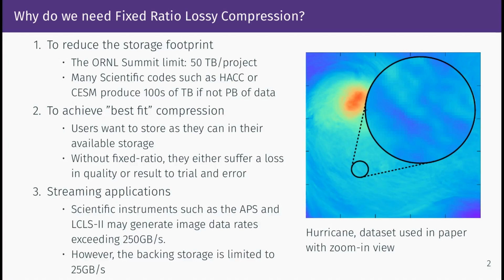Another major consideration for fixed ratio lossy compression are streaming applications, such as the Advanced Photon Source, the APS, and the LCLS-II, which is a particle accelerator at SLAC, the Stanford Linear Accelerator Center.